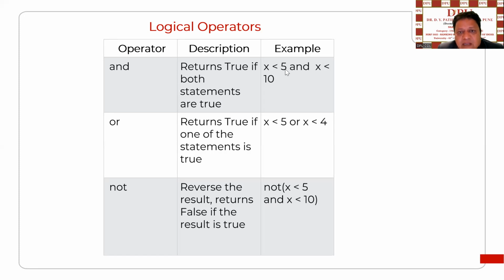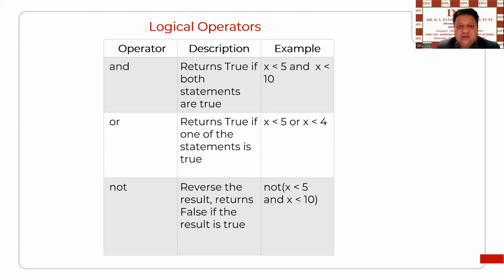So it means that in order for the and logical operator to give a true value, both the conditions, this one, x less than 5 and x less than 10, must be true. Then only this statement will give you a true value. Otherwise, you will get a false value. So the and logical operator requires both the conditions to be evaluated to true.